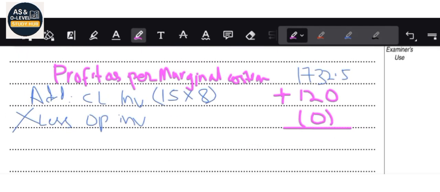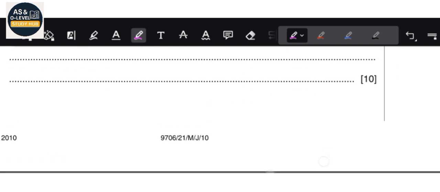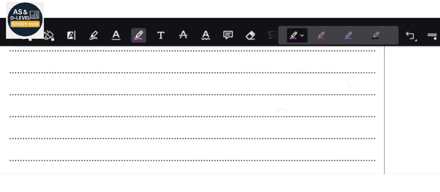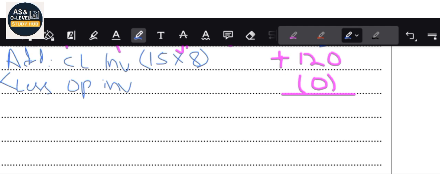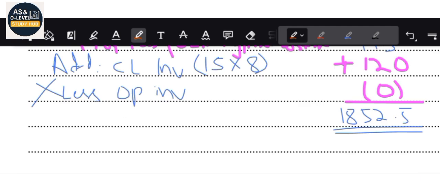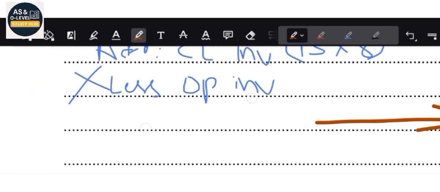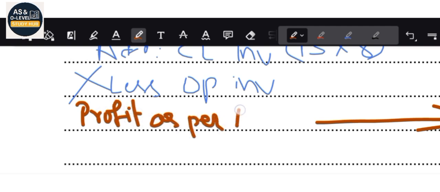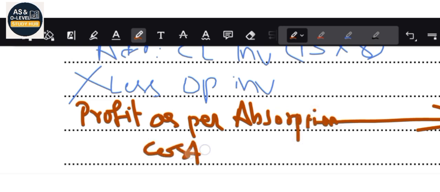So do it and tell me what is your answer. 1732.5 plus 120 is 1852.5. Now this is our profit as per absorption costing.